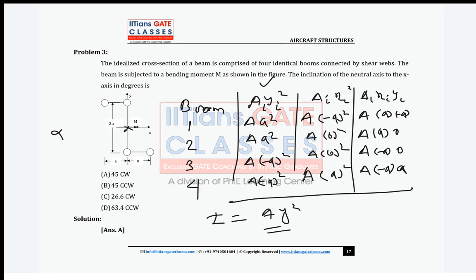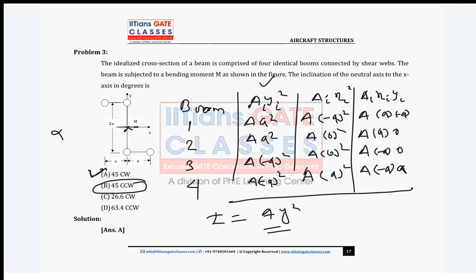Okay. So these questions, now some of the books, what answer are they giving? Many people are giving B as the answer. So what is the answer, guys? If you know the concepts well, then only you can tell what is the answer. Clockwise 45 degrees is the answer.